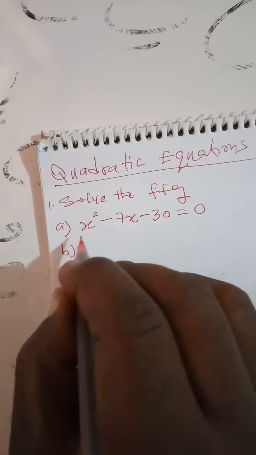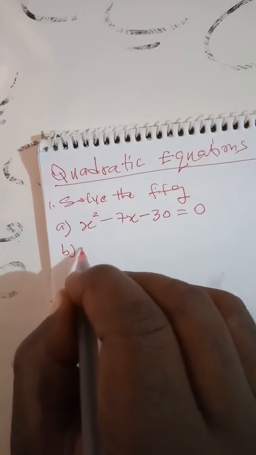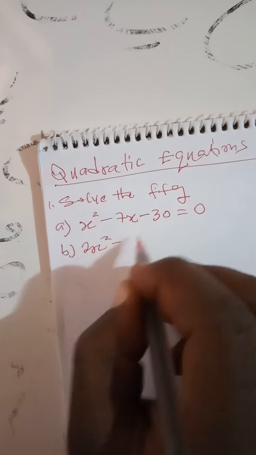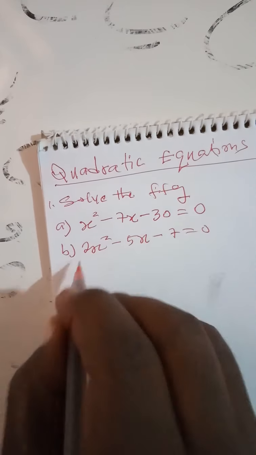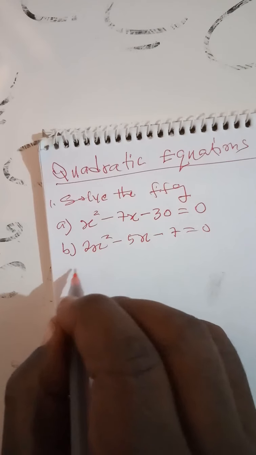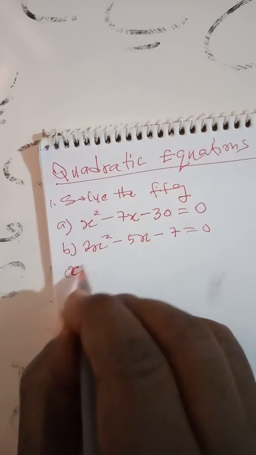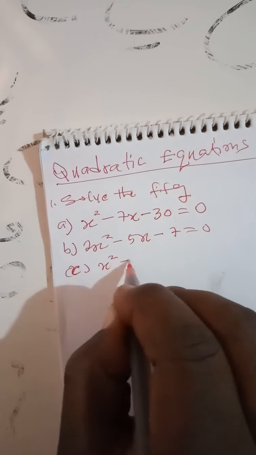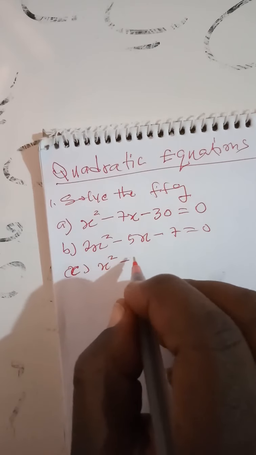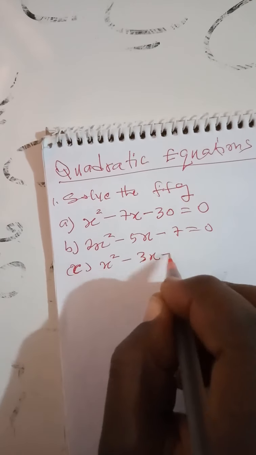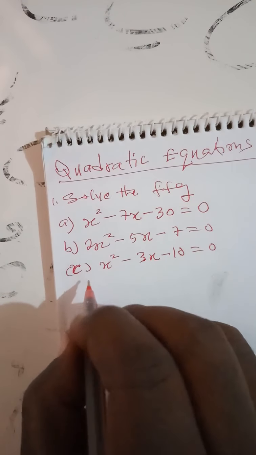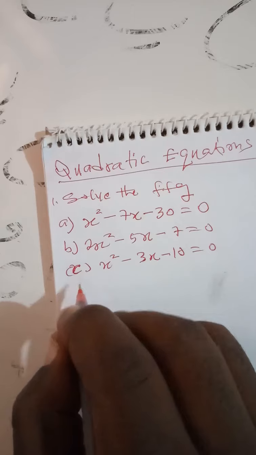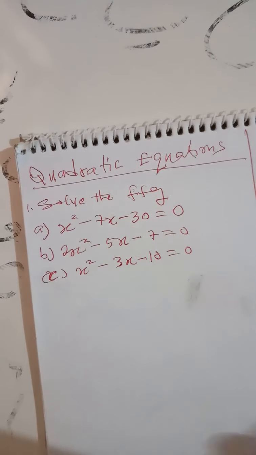B, let's say 2x squared minus 5x minus 7 is equal to 0. C, x squared minus 3x minus 10 is 0. Okay, let's stop here. Let's deal with these 3 first.